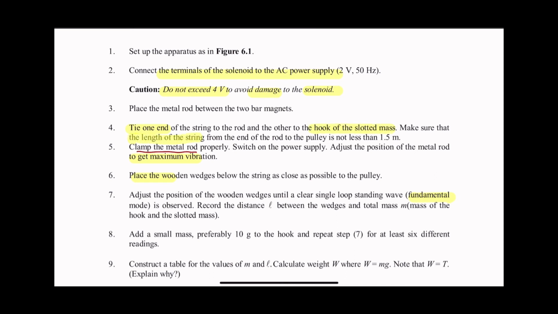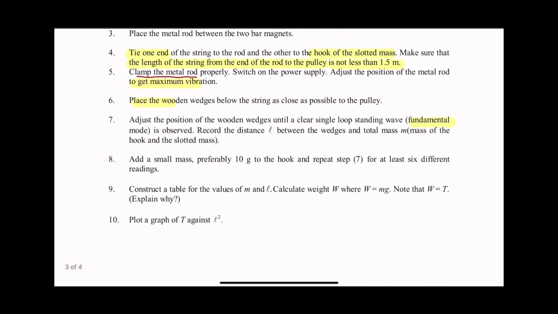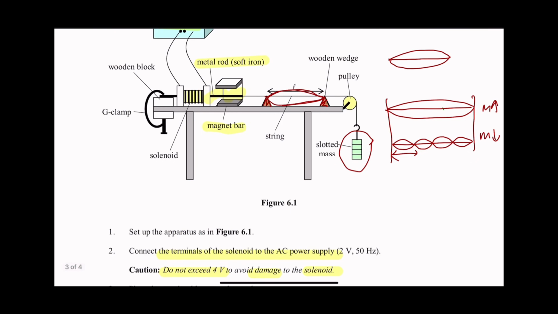Make sure that the length of the string from the end of the rod to the pulley is not less than 1.5. It must be 1.5 long, because it needs to be long. Otherwise you cannot read the wave. Maybe later when your mass is too heavy, suddenly you cannot find the length because it is too long, not enough. Then switch on the power supply and adjust the position of the metal rod to get the maximum vibration, so the vibration is high.